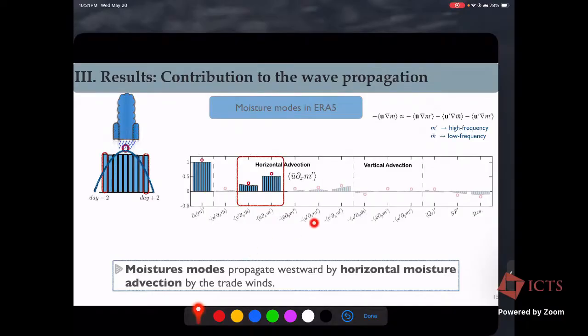Again, there are many terms here, but I'm trying to highlight the most important terms that contribute, for instance, to the westward propagation of this moisture mode. You can see that these terms contribute almost 100% of the evolution of this wave. And this one is the horizontal moisture advection. So we can say that moisture modes propagate due to the horizontal advection by the trade wind.